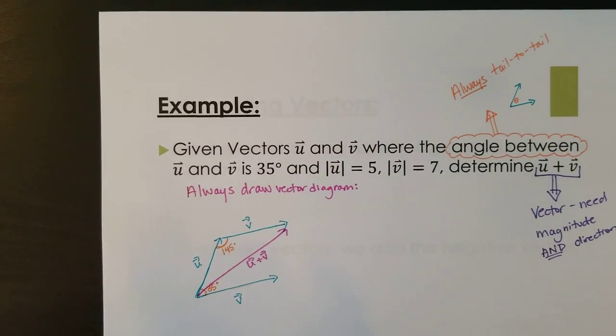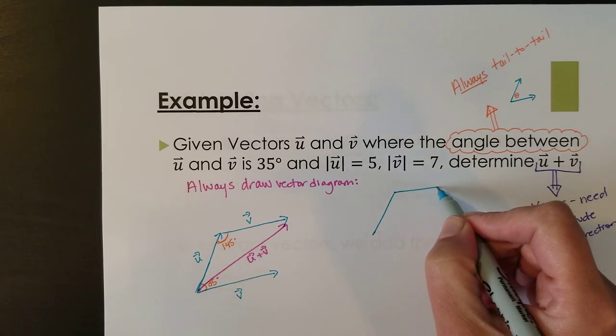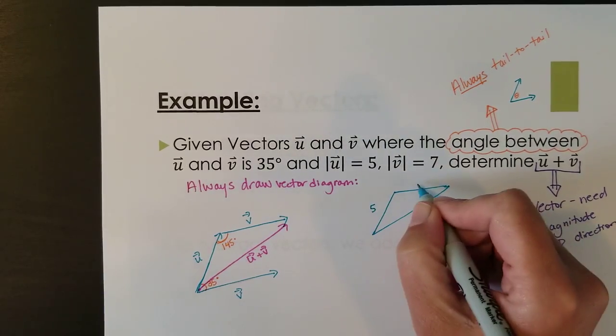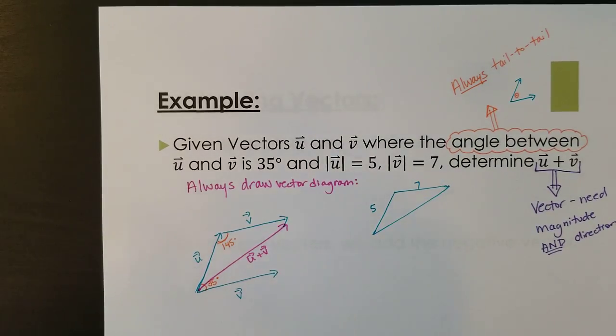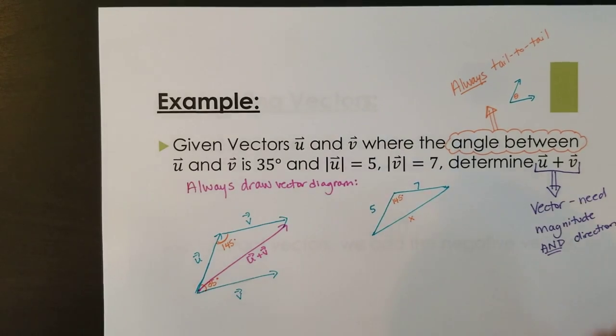Now, if your vector diagram gets a bit messy, there's nothing wrong with saying, I'm just going to redraw this and make it a little neater and label a 5 and a 7 and 145 degrees. And I might put an X there.